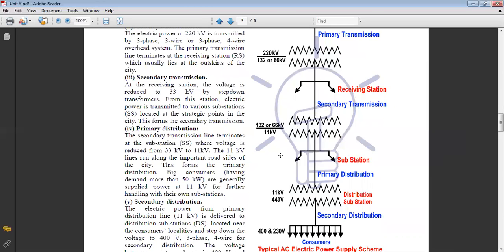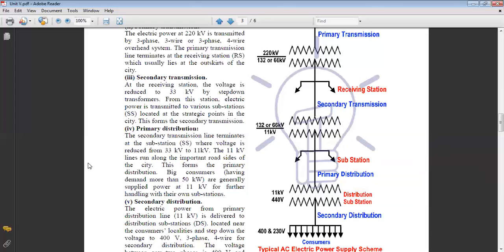Now we have entered into the city, the power has entered into the city, and we can see some overhead lines passing by the roads. Clear? The 11 kV lines run along the important roadsides of the city. This forms the primary distribution.